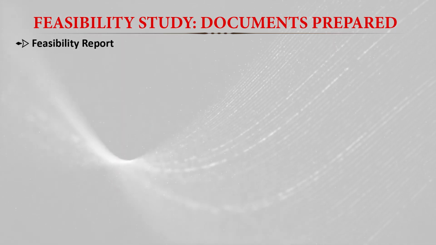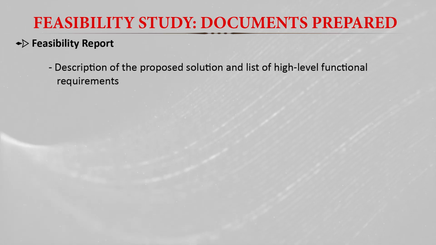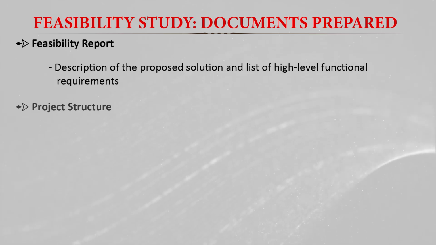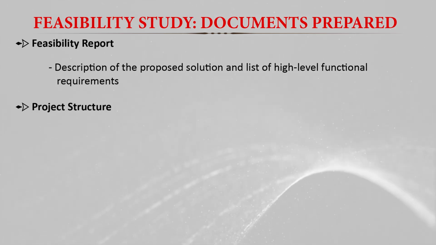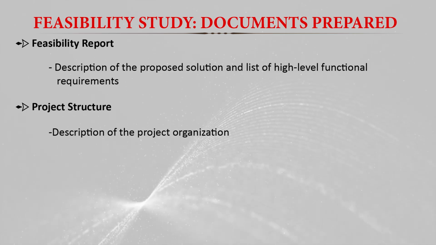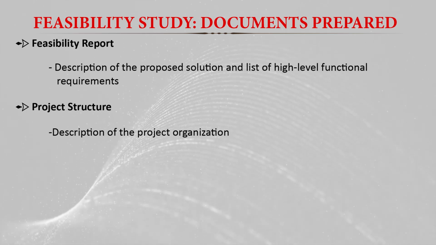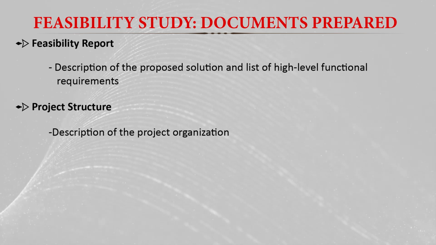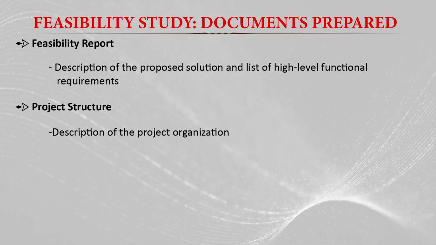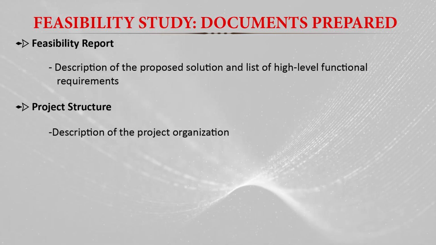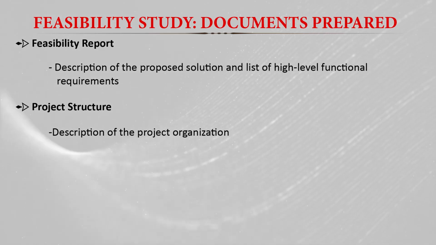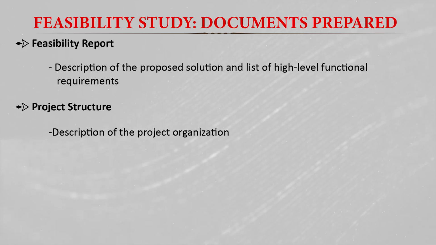So here we describe the proposed solution and a list of high level functional requirements, and then we also prepare a document on the project structure, the description of the project organization: the grassroots level, the middle level, the central level. So what type of organization, who will be implementing the projects, whether we need to develop separate project teams, or we can use the already available resources or departments. That type of things we prepare in the project structure.